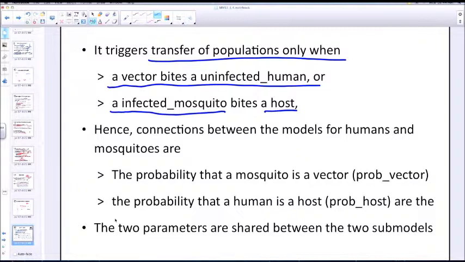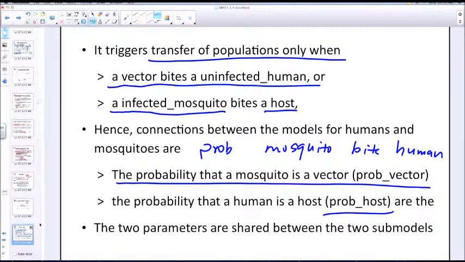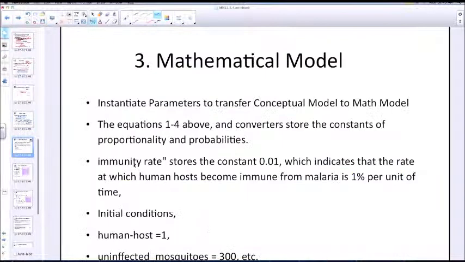Hence, the connection between them is the probabilities: the probability of a vector, the probability of a host, and actually 3, the probability of mosquito bites human. So those 3 probabilities are what you are going to try to reduce if we want to prevent the spread of malaria.